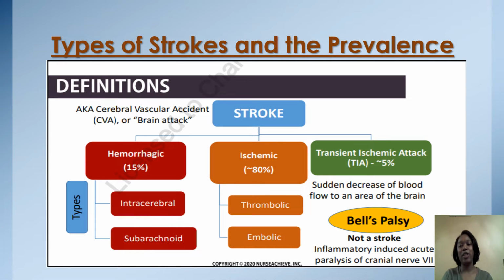Now that's not mentioned here on this slide, but it is very important for you to know that a thorough investigation of their medical history, as well as possibly just checking their blood sugar as part of your assessment, is warranted, just to make sure you're not treating someone that is hypoglycemic with the treatment for a CVA.